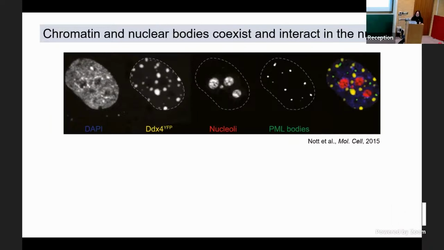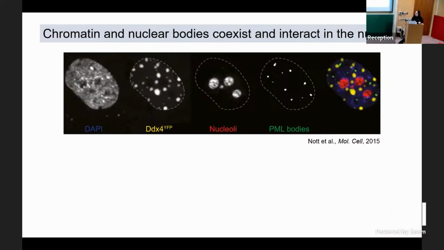So you could see that where these nucleoli are, the chromatin, in the first figure, has holes, right? And this means that these condensates push out the chromatin when they grow.